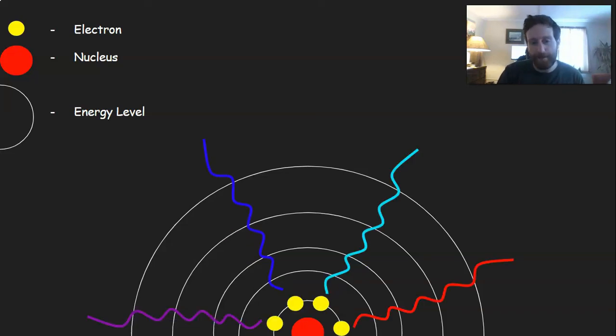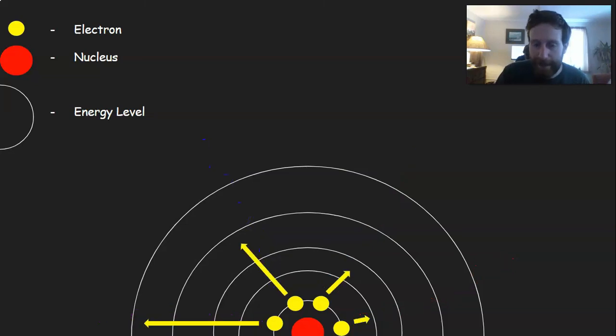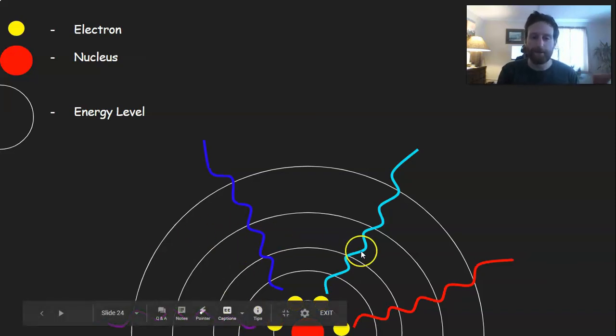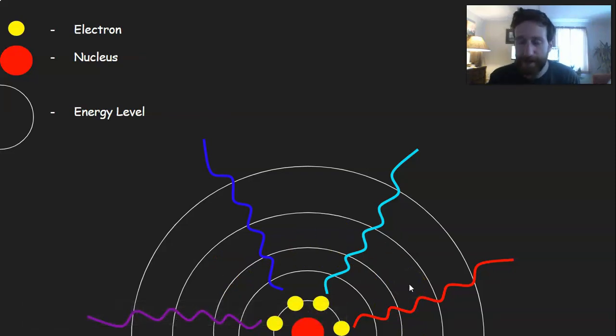And when they do that, they give off those four unique bands of color. That happens over and over in the atom, trillions of times a second, but only those four bands of light can be given off because those are the only four possible transitions that the electrons can make.